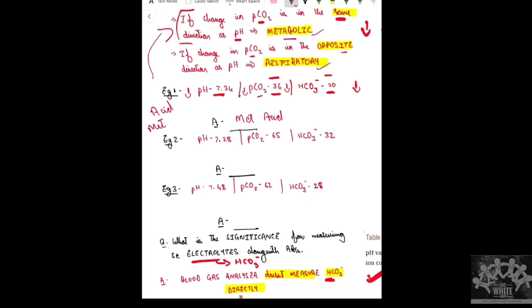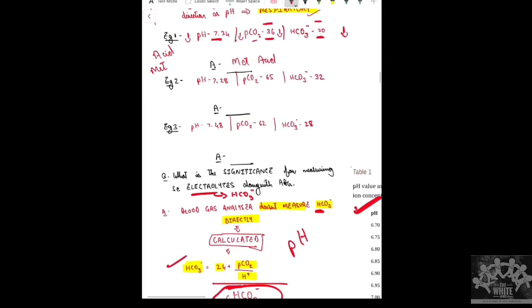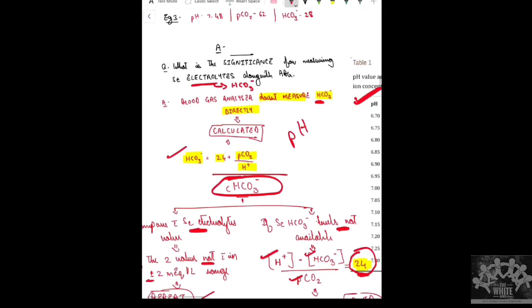So now let's move on. After this, what do we do? We check for compensation. As we initially read, there will be an initial abnormality. To keep the pH normal, the body tries to compensate.